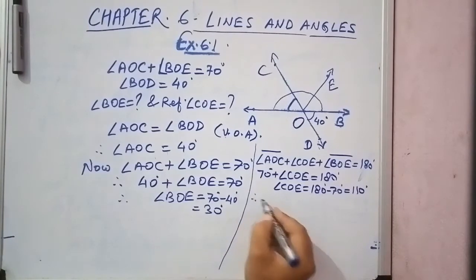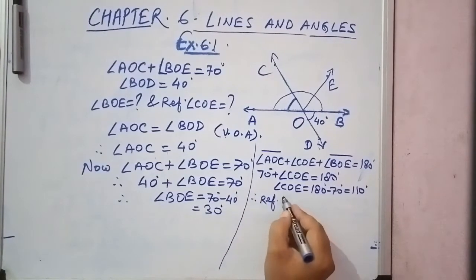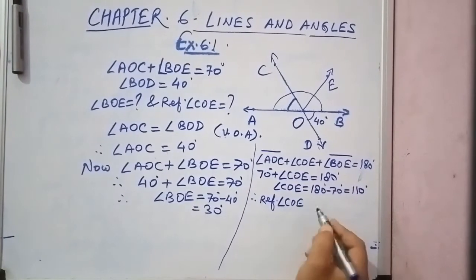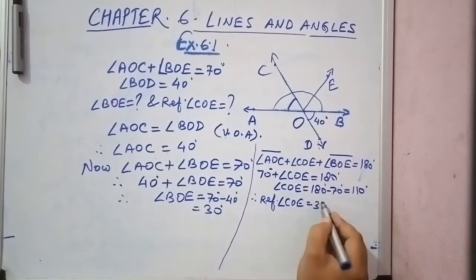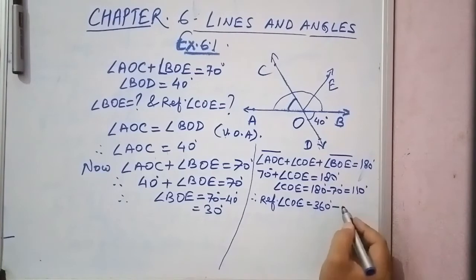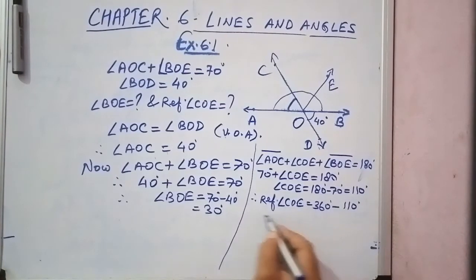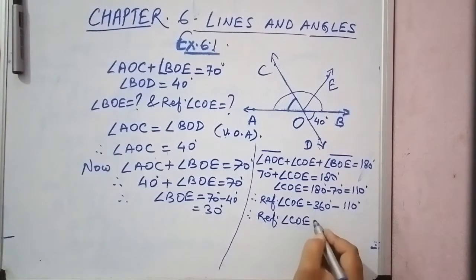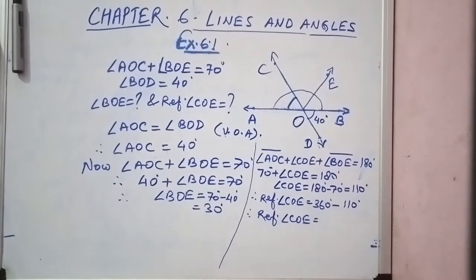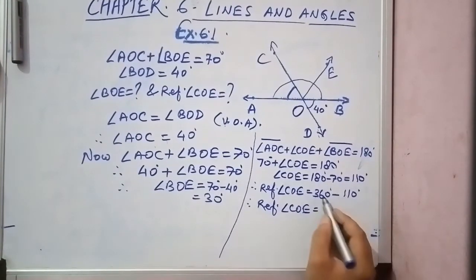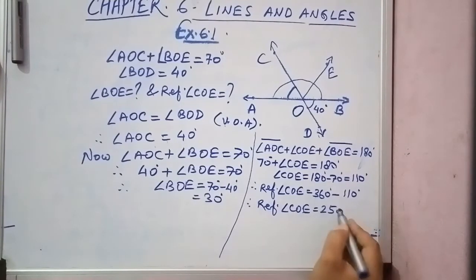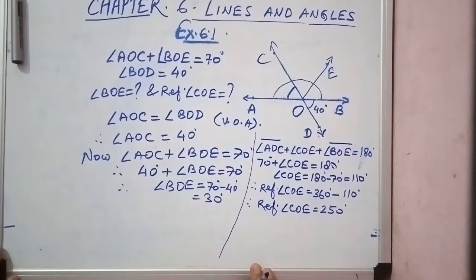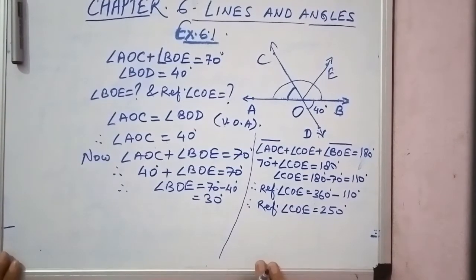Now reflex COE equals 360 minus angle COE, that is 110. So reflex COE equals 360 minus 110, that is 250 degrees. So this is the first question of exercise 6.1.